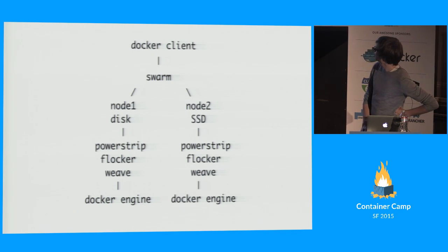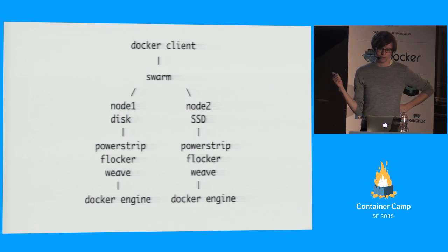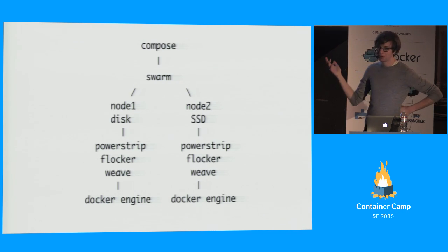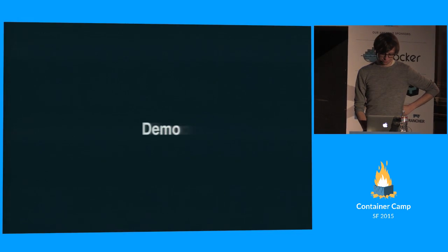So this is the diagram of what it looked like before, with just the Docker client, and with this big stack of lots and lots of pieces, which make the swarm kind of look like a single thing. And of course, we can just swap out Compose with this thing on top. So let's give this a try.